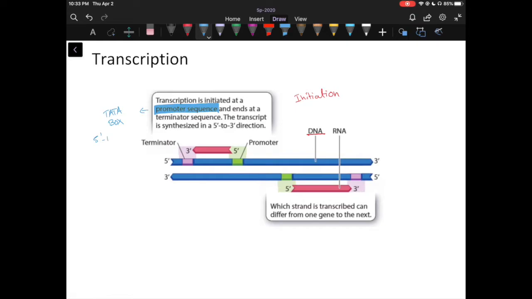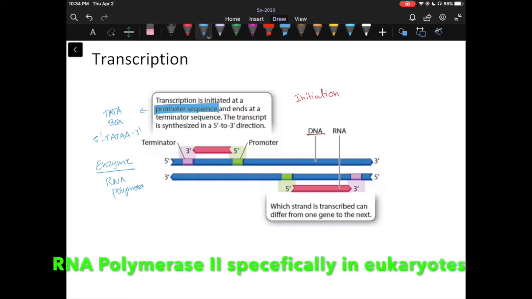It's a base pair sequence that goes 5 prime, TATAA, 3 prime. That's where our transcription begins, and this is usually with the help of an enzyme known as RNA polymerase.